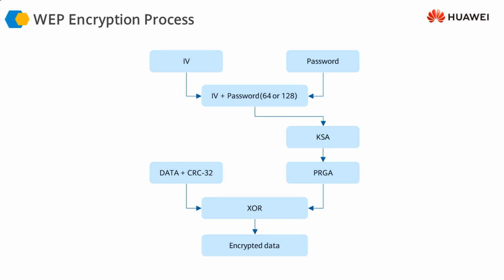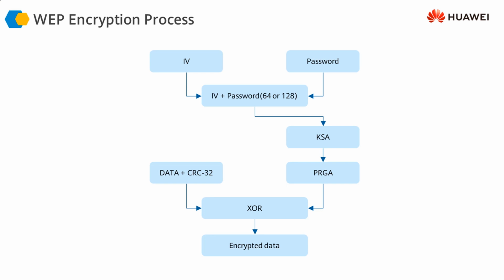As I said, this is going too much into depth, but once you do an XOR between PRGA and your data with CRC check, you get the encrypted data. This encrypted data along with the initialization vector are passed on to the network, to the other side, either to the station or to the access point, and then they can decrypt the data.